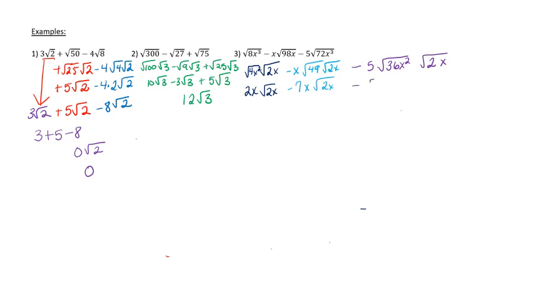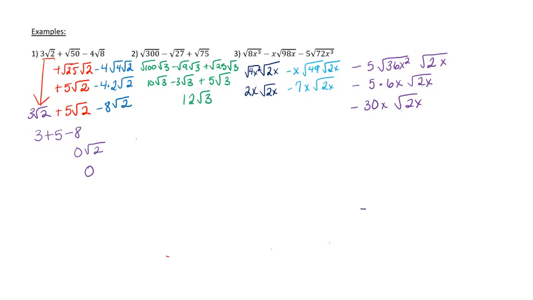So I'm going to have 5 times the square root of 36 is 6, and then the square root of x squared is just x, and then bring down the 2x. And then 5 times 6x is 30x. Let's see, I forgot the x there.